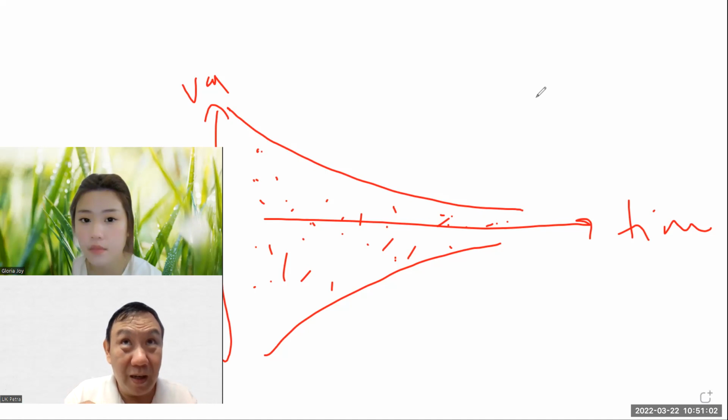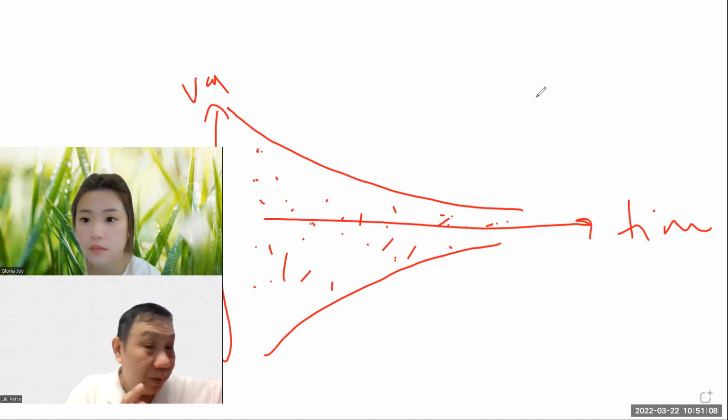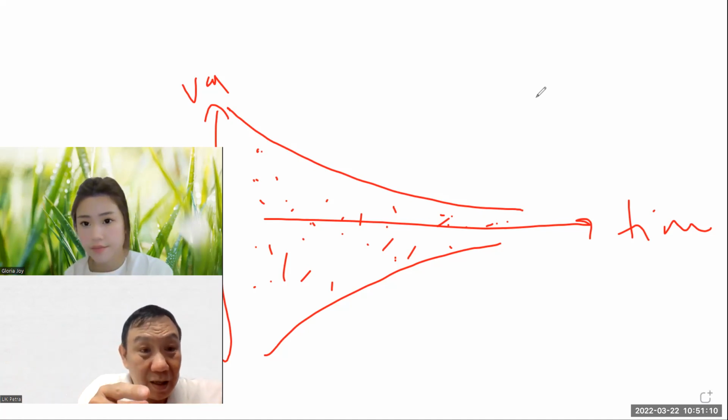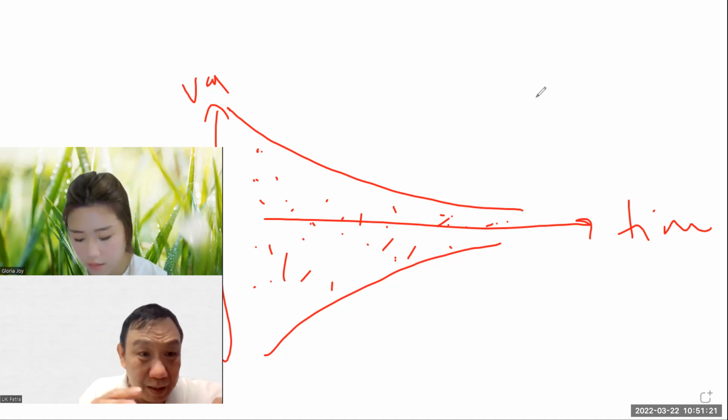If you do a Delphi method and the deviation actually becomes larger rather than lower, then probably there is a person who is rebellious, or a person who creates that chaotic behavior. A certain element makes the system not convergent.